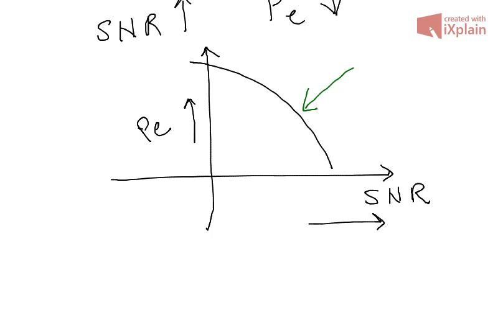So this is how you derive the mathematical expression for the bit error rate, or the probability of error, of orthogonal signals, right?